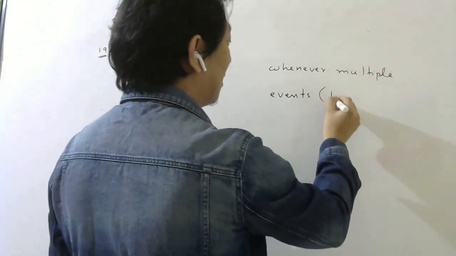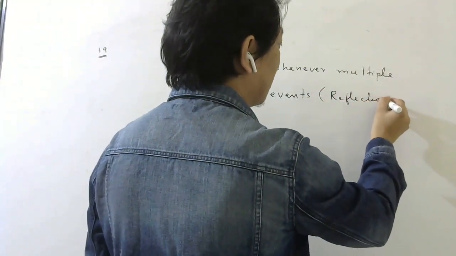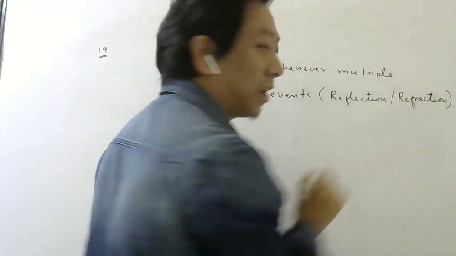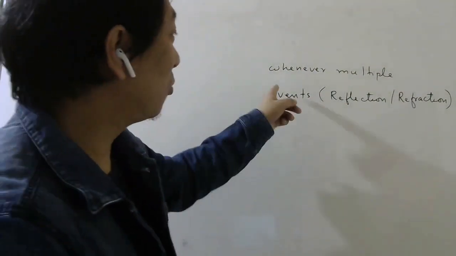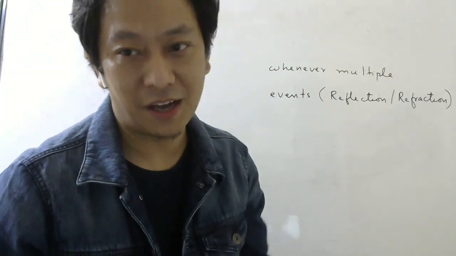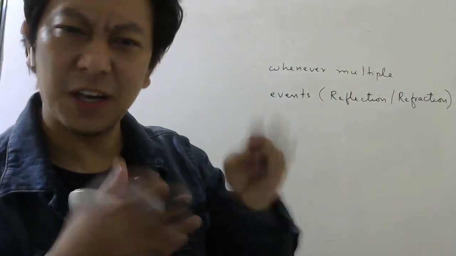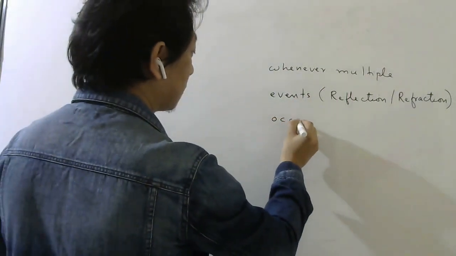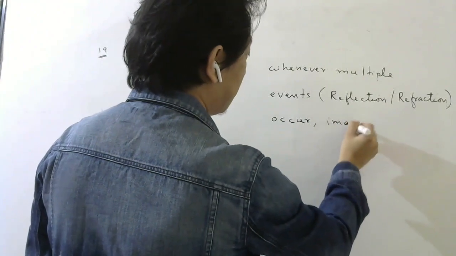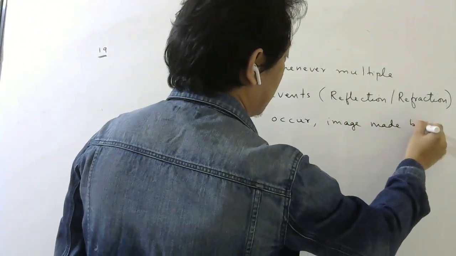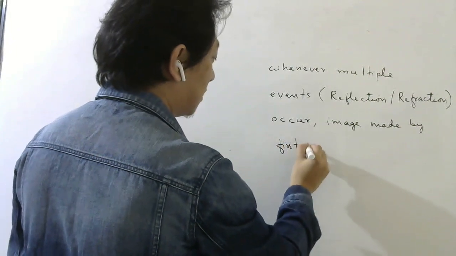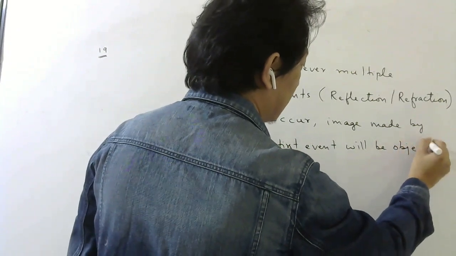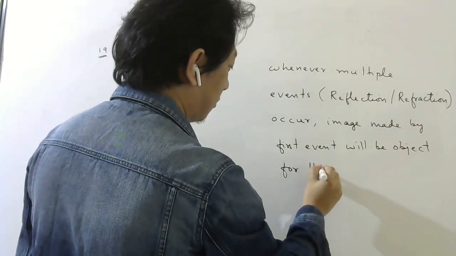By events, I mean either there will be reflection or there will be refraction. These two can happen in this chapter. So whenever light goes through reflection, then refraction, then one more reflection, whatever, multiple. So whenever multiple events occur, image made by first event will be object for the second event.